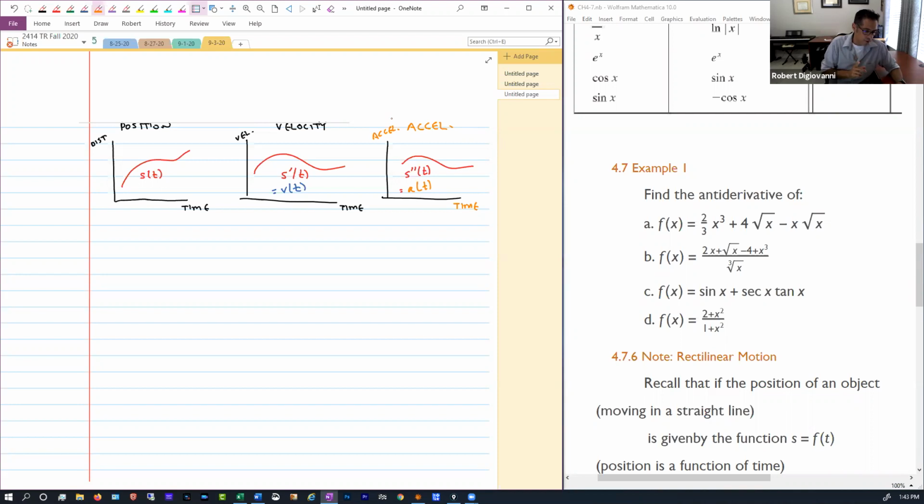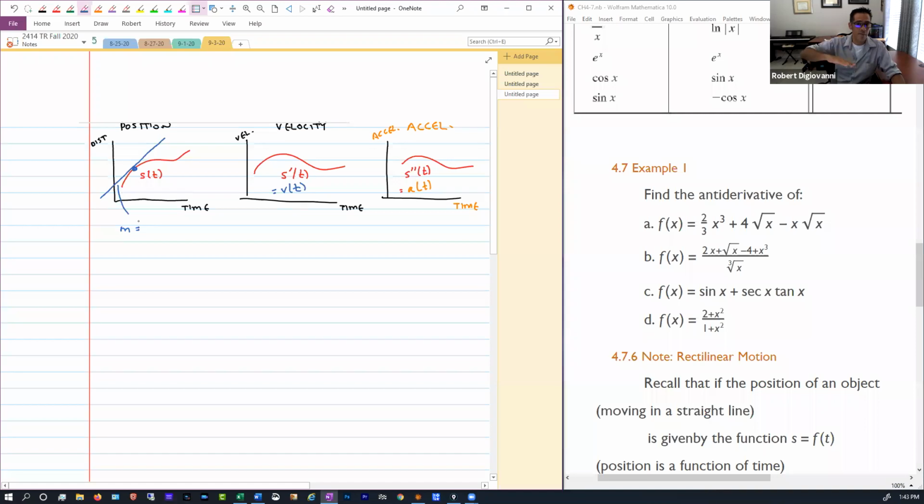Okay. I just want to point something out that's kind of interesting, I think. When you go back and look at your original position function, let's say we take a point on that position function and we look at the slope of the tangent line there. The slope of the tangent line would be the velocity of that object at that point. And when we talk about slopes of lines, it's always rise over run, right?